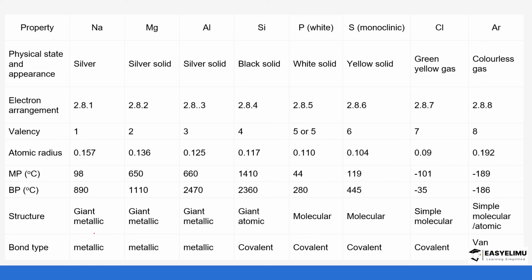So sodium is giant metallic, magnesium giant metallic, aluminum giant metallic, silicon is giant atomic, it's covalent, and you see it forms some of the highest melting points. You can see how high it is. And then phosphorus is molecular, sulfur is molecular also, chlorine is simple molecular, and also argon is simple molecular. So these ones have van der Waals forces between their molecules.